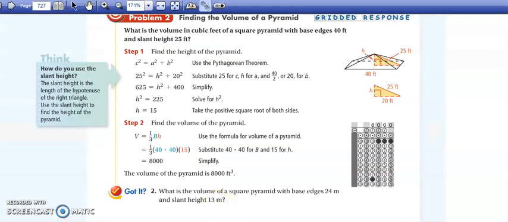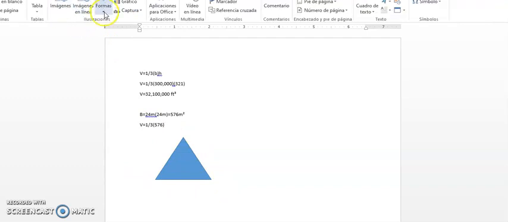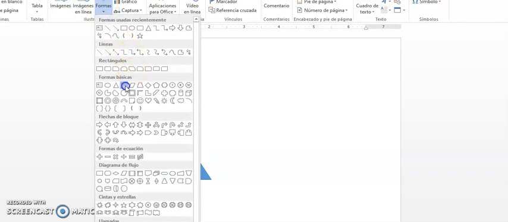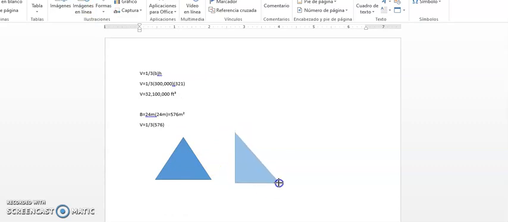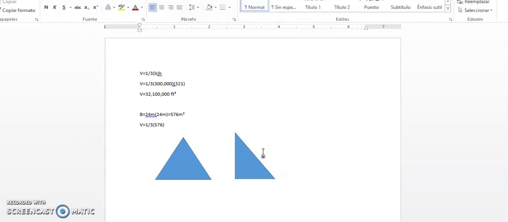There is the 13 meters. And we know that this part is 24. That means for half of this figure we have a 13 in this part and a 12 in this one. We are looking for the height. We need to use the Pythagorean theorem.